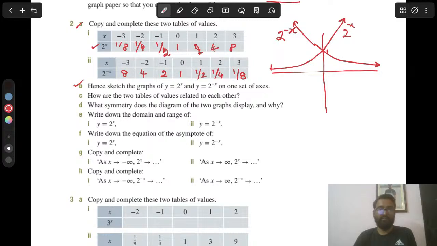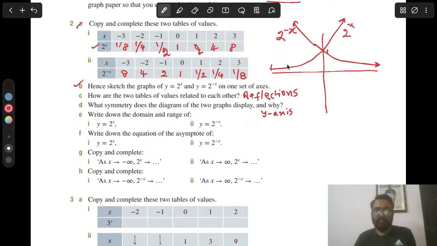It is a reflection about the y-axis. What symmetry does the graph display? Y-axis symmetry.